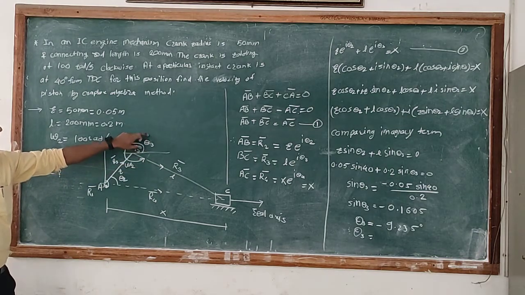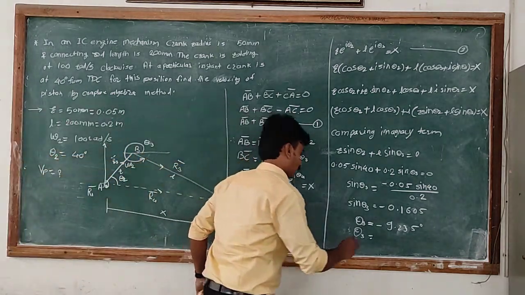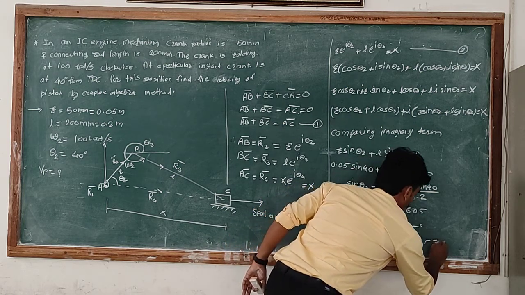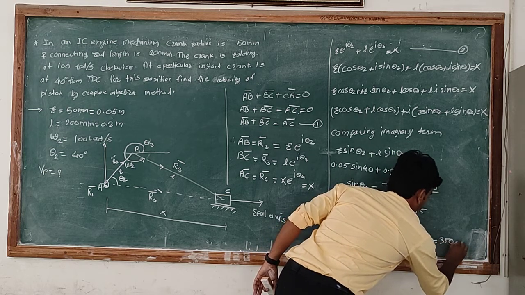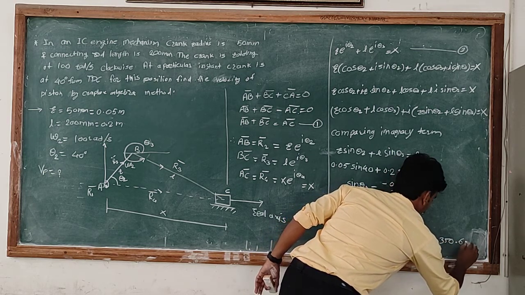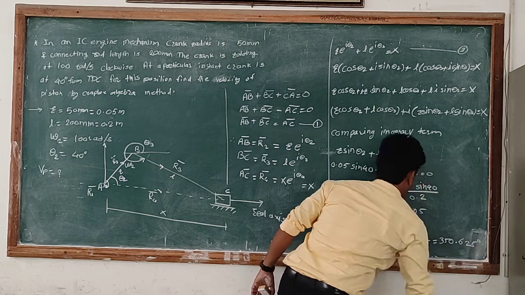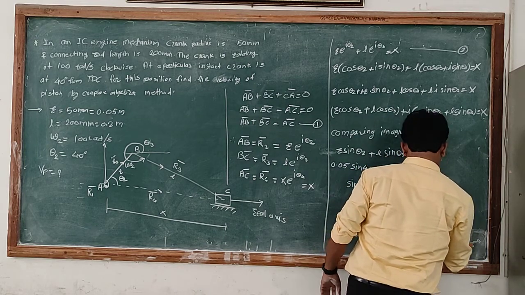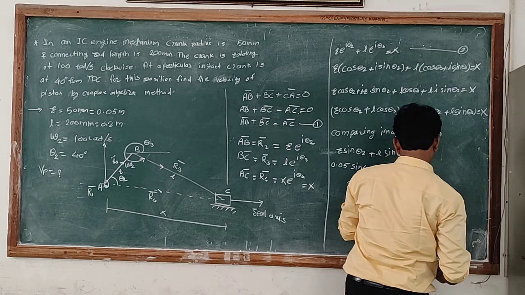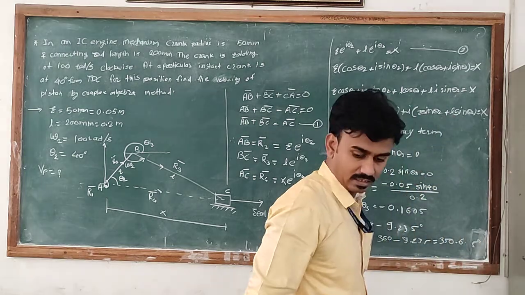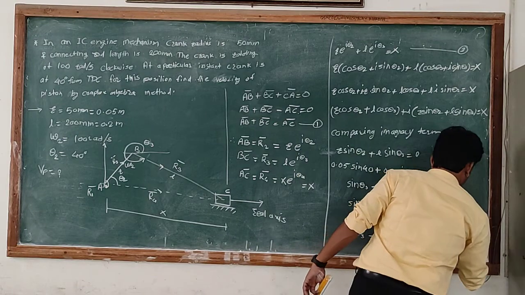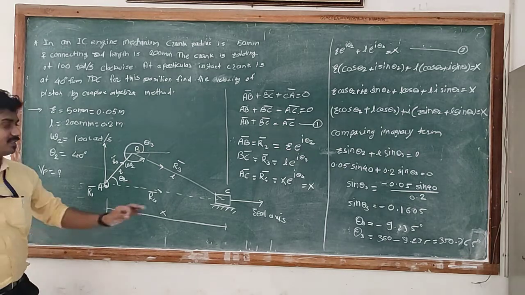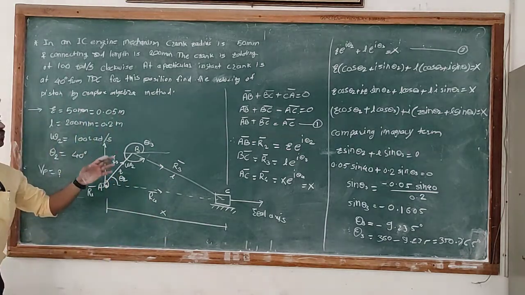So if we want theta 3 in this direction, it is equal to 360 minus 9.235, which is 350.765. Theta 3 is equal to 350.765 degrees. Here we got theta 3.